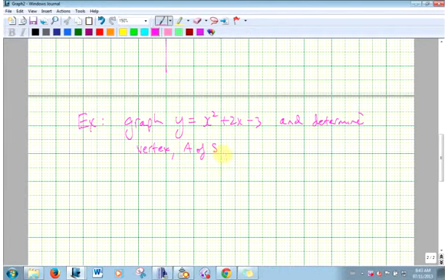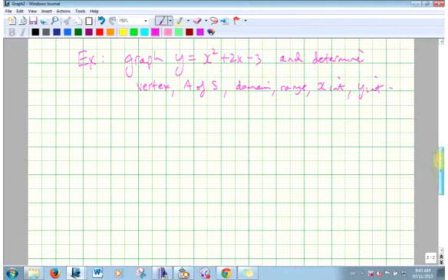What's A of S stand for? Axis of symmetry, domain, range, x-intercepts, y-intercepts. Oh, there's so much fun stuff you can do with a parabola. Quadratics are joyous, aren't they? Okay. This is what your worksheet's going to be like.